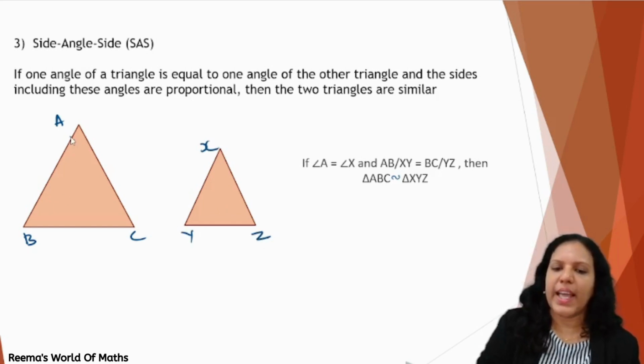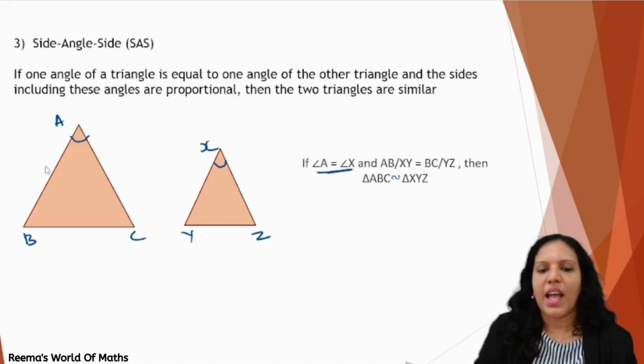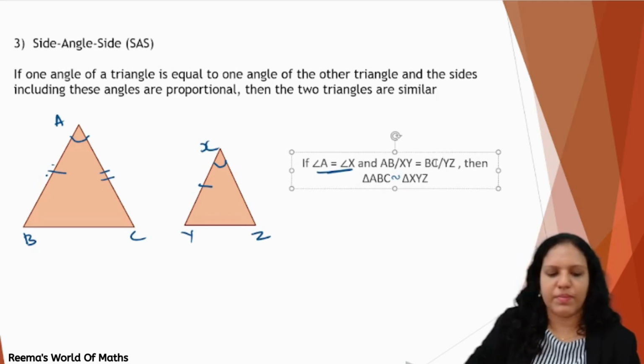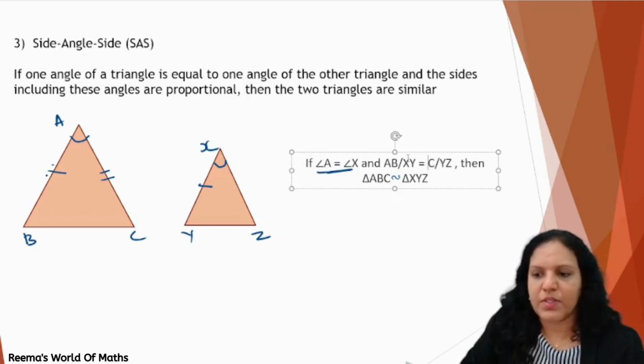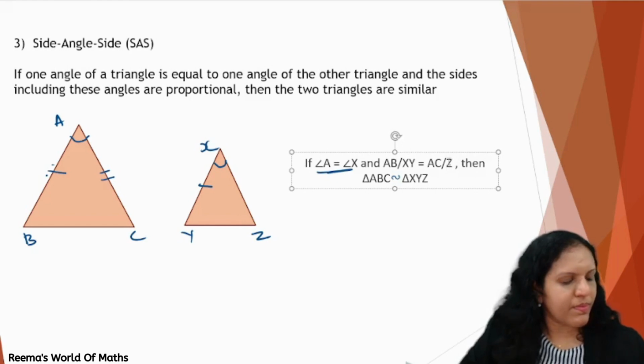Here we are given that angle A is equal to angle X, and the corresponding sides which include this angle, we need to take AB and XY, and AC and XZ.